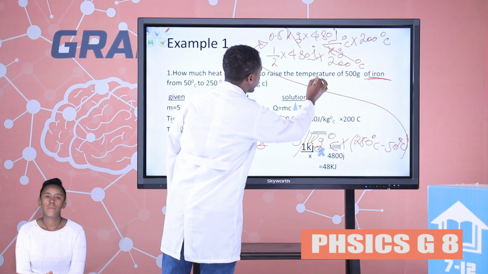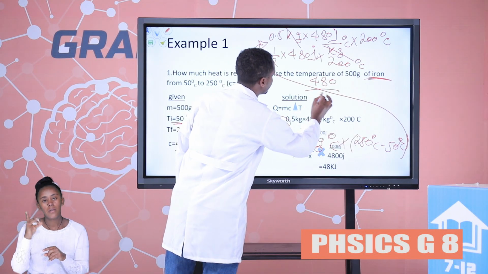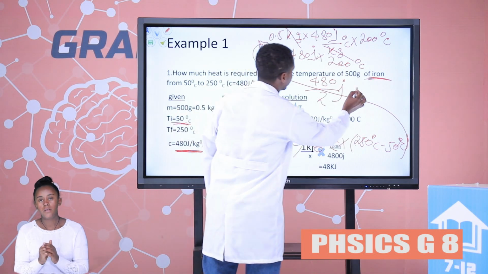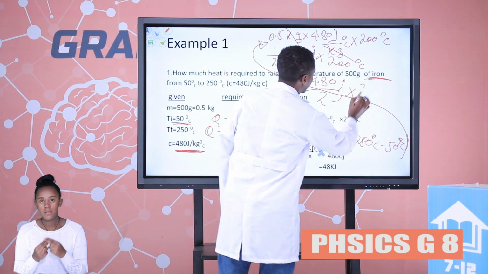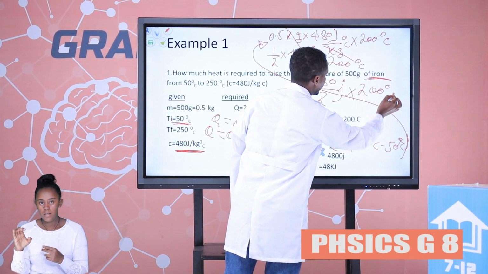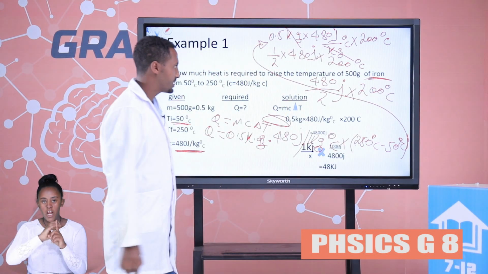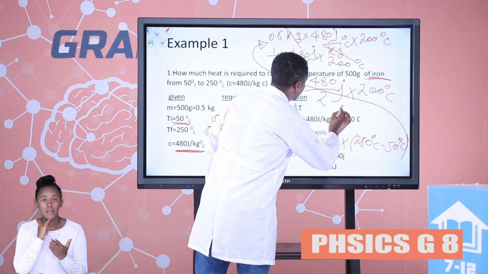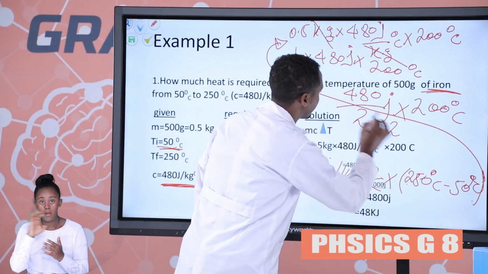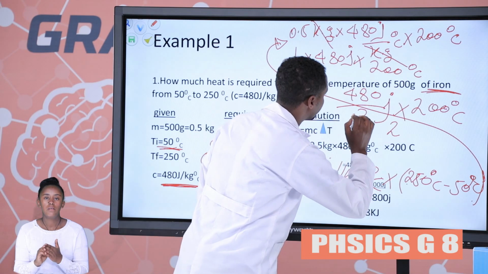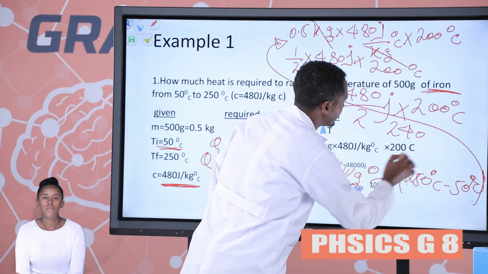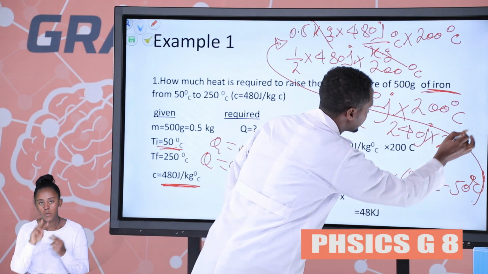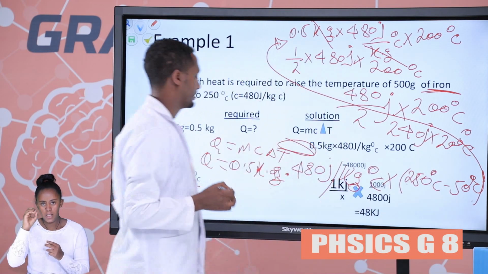This is also 480 divided by 2 joule times 200 degree Celsius. This is 240 joule times 200 degree Celsius.